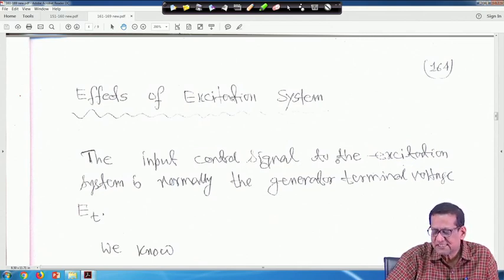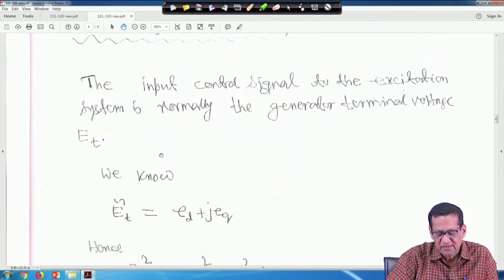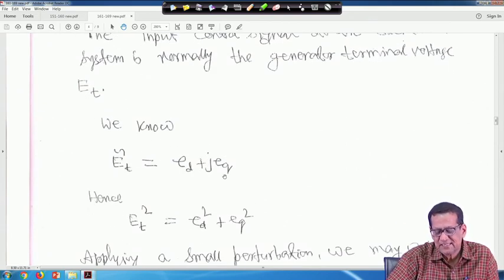The input control signal to the excitation system is normally the generator terminal voltage Et, and we know that Et tilde is equal to Ed plus jEq. This we have seen again and again.